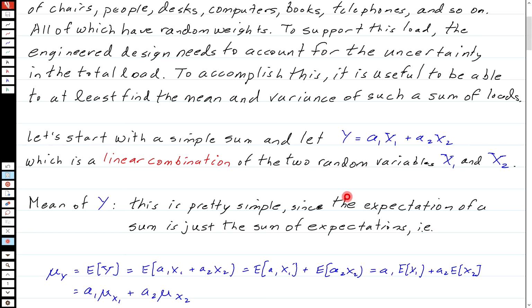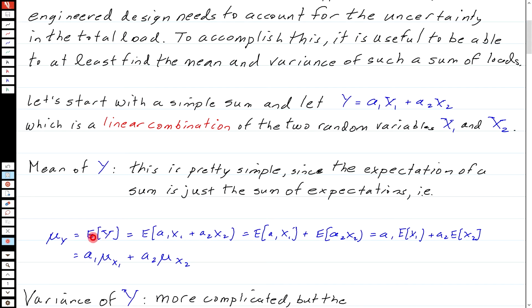To get the mean of y is fairly simple. We know that the expectation of the sum is just the sum of expectations. So mu y is the expected value of a1 x1 plus a2 x2. This is a sum, so it's the sum of expectations. So it's the expected value of a1 x1 plus the expected value of a2 x2.